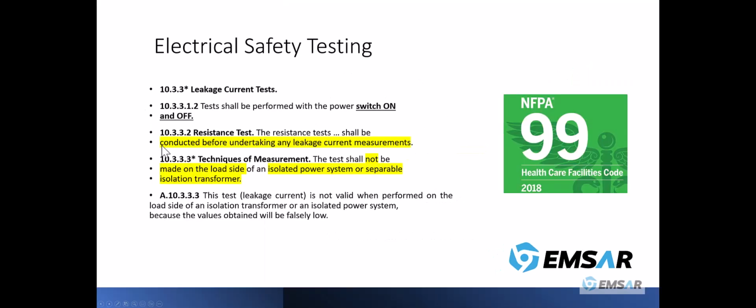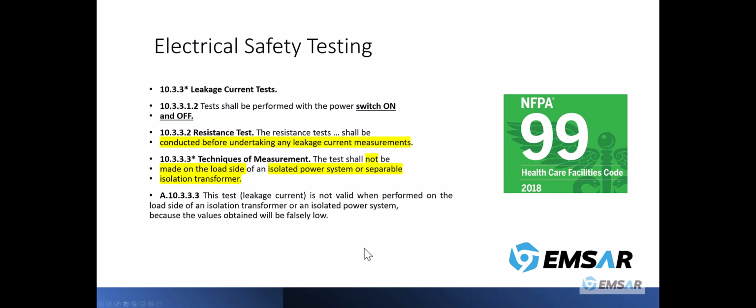For leakage current testing, NFPA 99 requires that we test with the power switched on and with the power switched off. Once again, we have to do our resistance test, our protective earth test, first before conducting any leakage measurements. And also, we shall not be making any measurements on the load side of an isolated power system or isolated transformer.